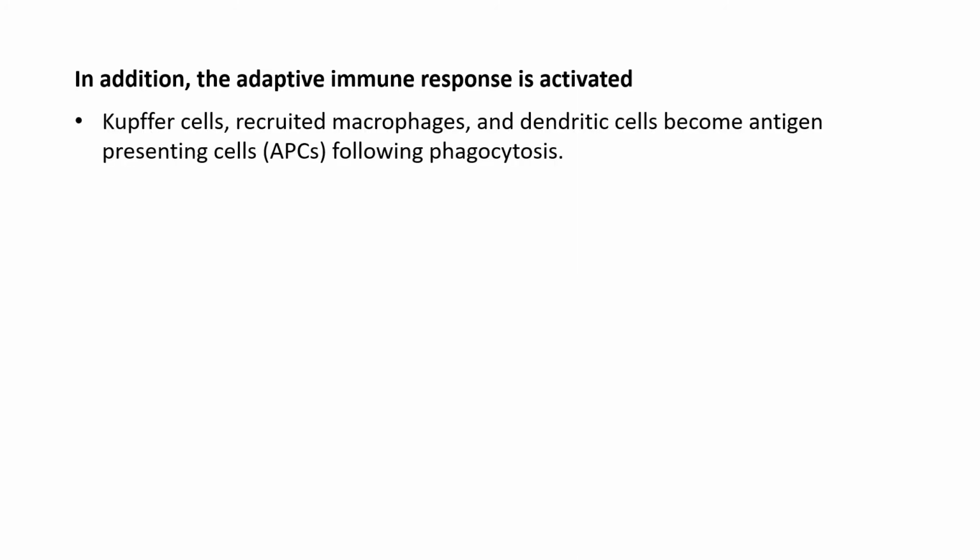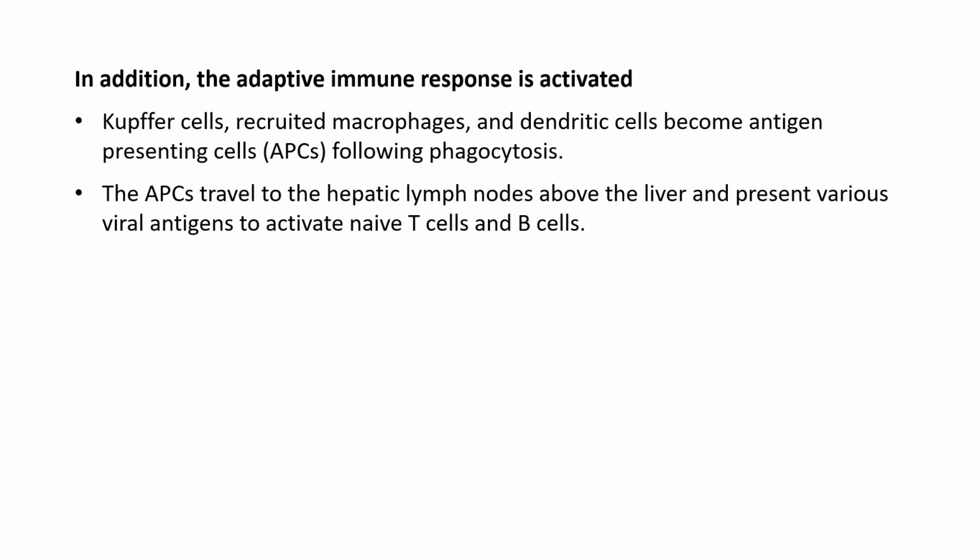In addition, we have activation of the adaptive immune response. So Kupffer cells, recruited macrophages, and dendritic cells can all become antigen-presenting cells. They travel to the hepatic lymph nodes, which sit just above the liver, and they present various viral antigens to activate naive T cells and B cells.